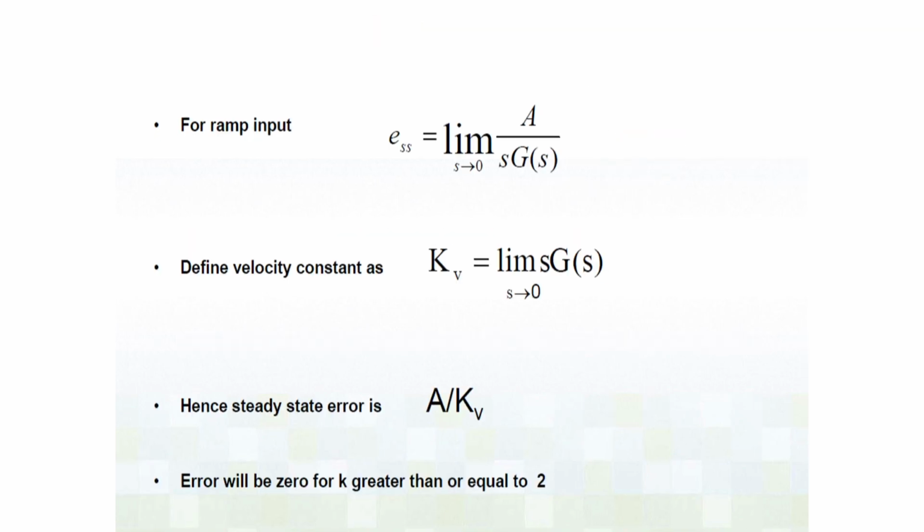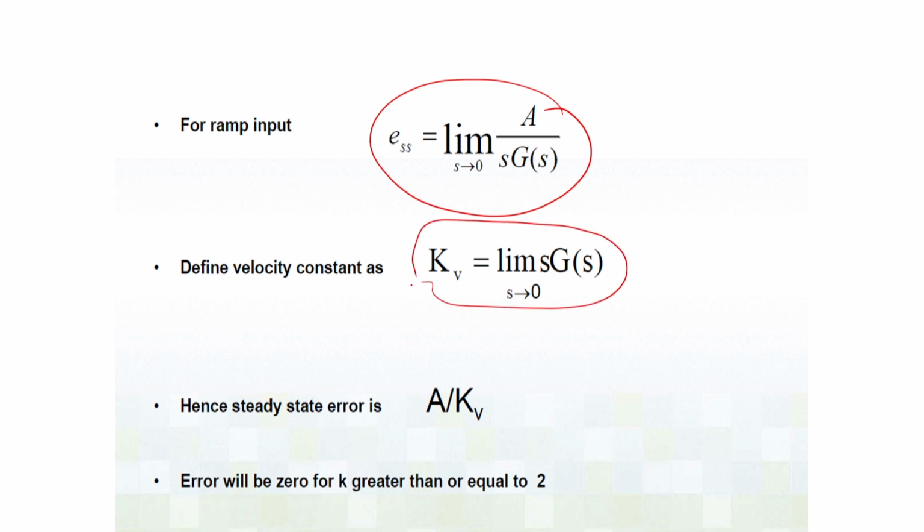Now, if I try to use a ramp input, then the ramp input would be like this. In this case, it is A over s squared, which means you need to have not a type 1 system, but a type 2 system in order to vanish this. There is Kv defined as limit s tends to 0 of sG(s).